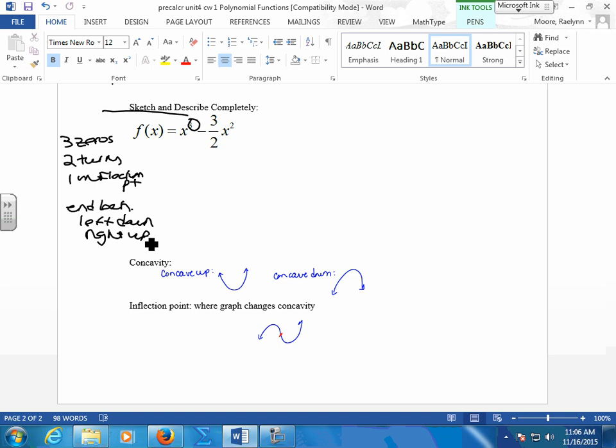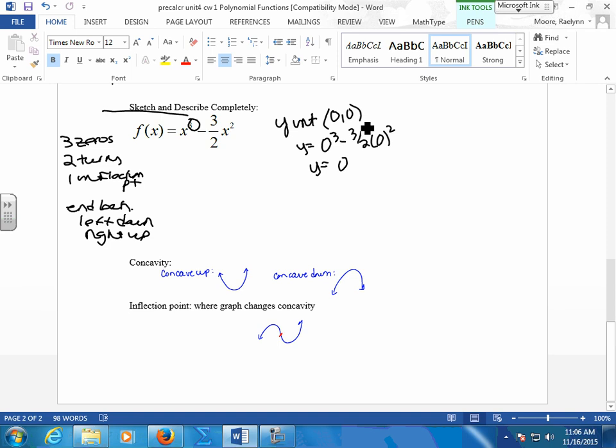Where's my y-intercept? I got both x's. If I take them out, what is y equal to? Good. No, I'm going to take this x out. The x's are going to come out. So what is y equal to? 0. So I know my y-intercept, that helps me.